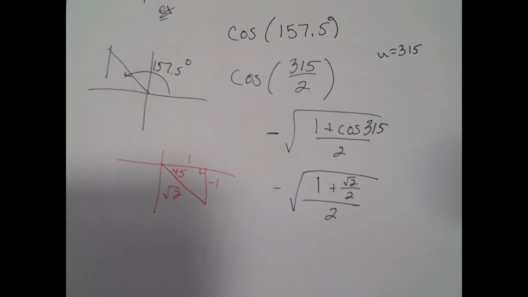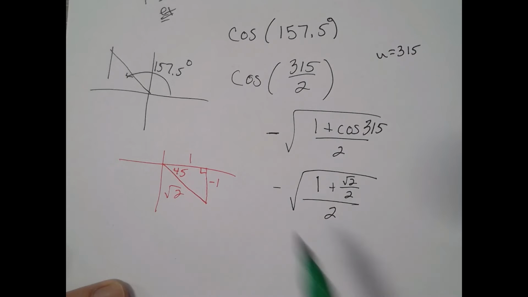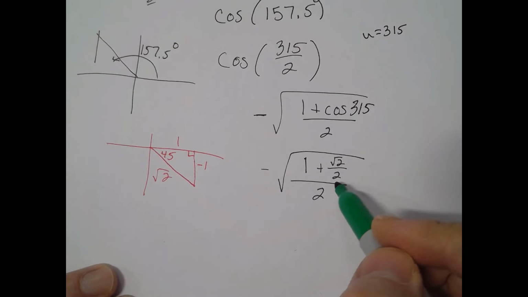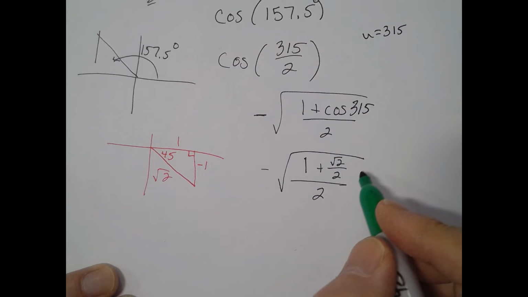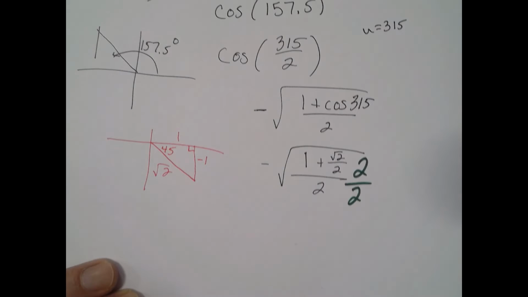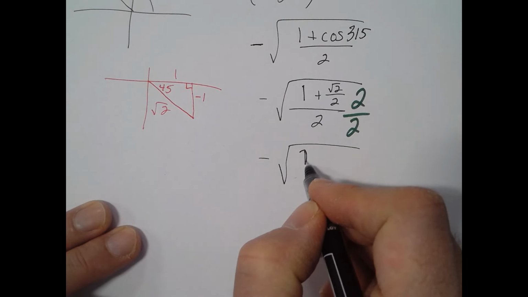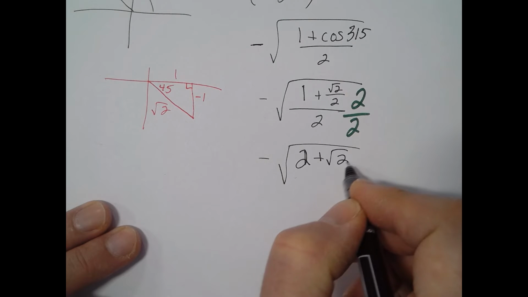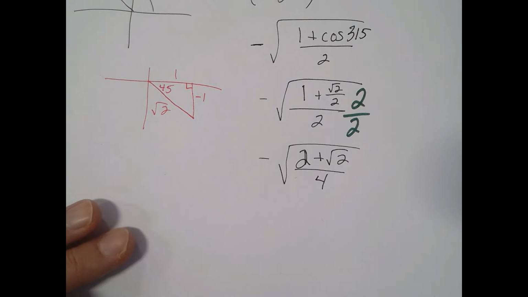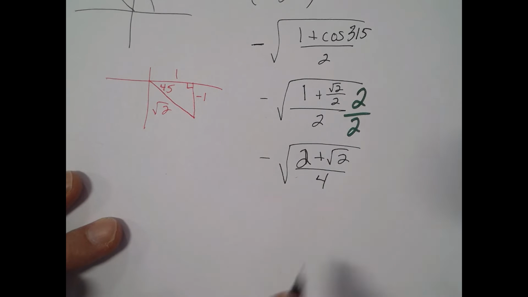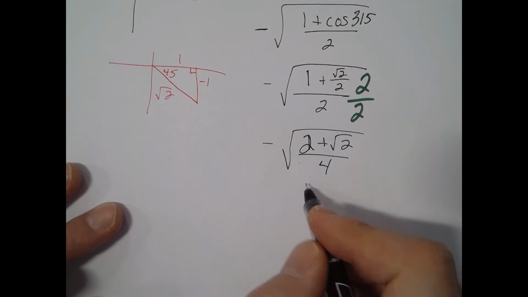Now we have a plus, and a minus out front. Our common denominator, top and bottom, is 2. So I'm going to multiply the top number. So I have negative square root of 2 plus the square root of 2 over 4. That square root of 4 on the bottom can just become 2.